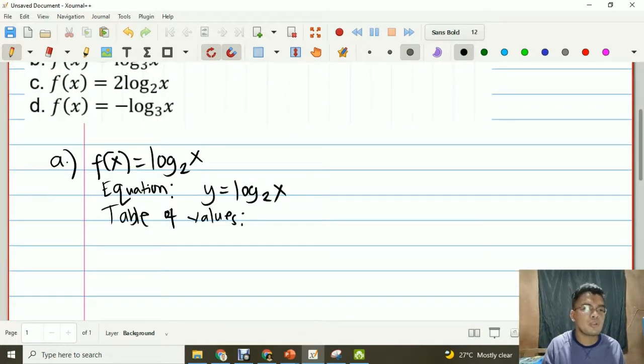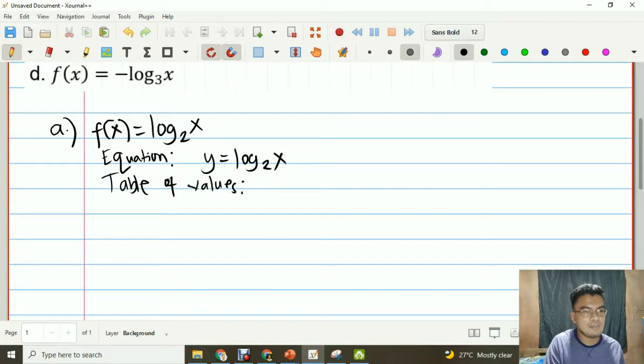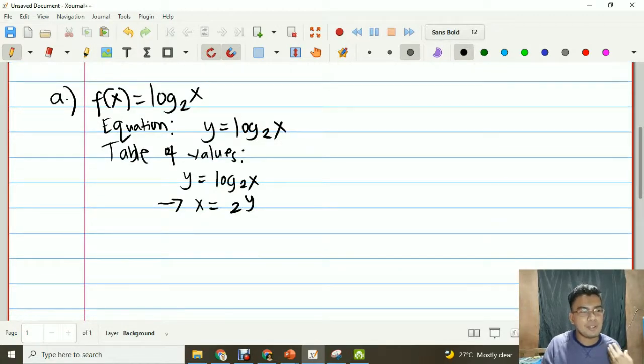how are we going to represent this one in terms of its table of values? So, doon sa slide natin, ang sinabi doon, kailangan nating i-rewrite si logarithmic function in terms of its equivalent exponential function. So, this can be written as x is equal to 2 raised to y. After we transform the given logarithmic function to its equivalent exponential form, saka na natin siya gagawa ng table of values.